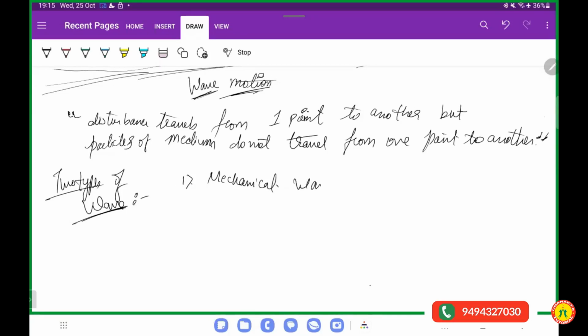Mechanical wave. Second one, electromagnetic or non-mechanical.